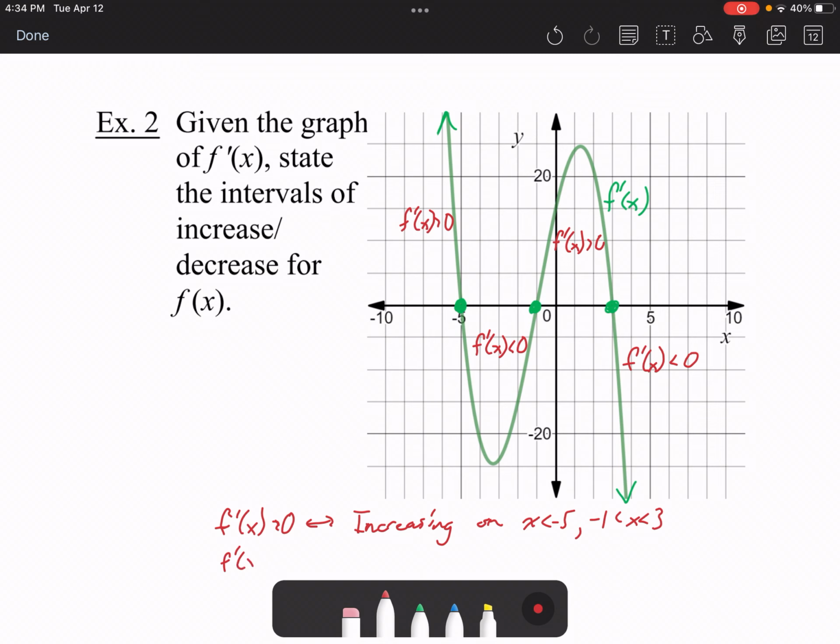And we know where f prime of x is less than 0. In other words, the function's decreasing on the intervals between negative 5 and negative 1, and for x values greater than 3.